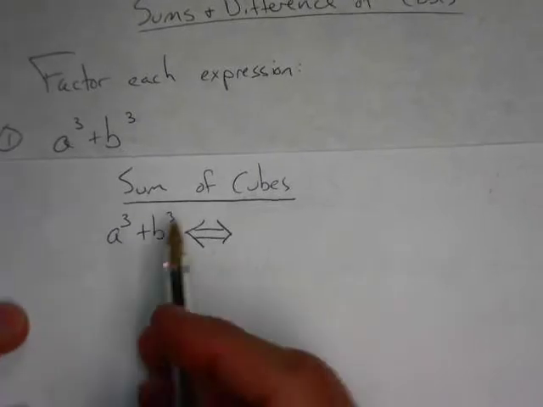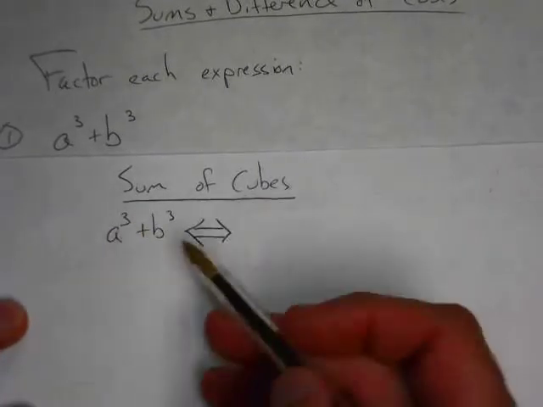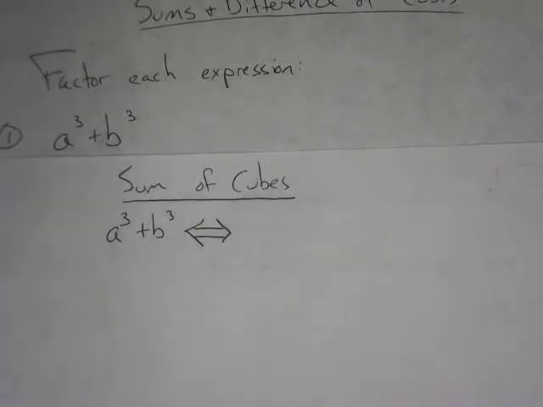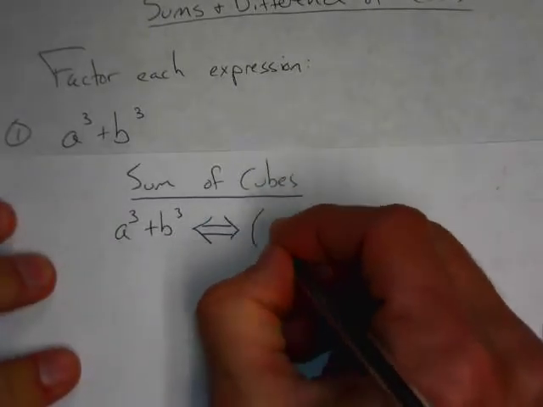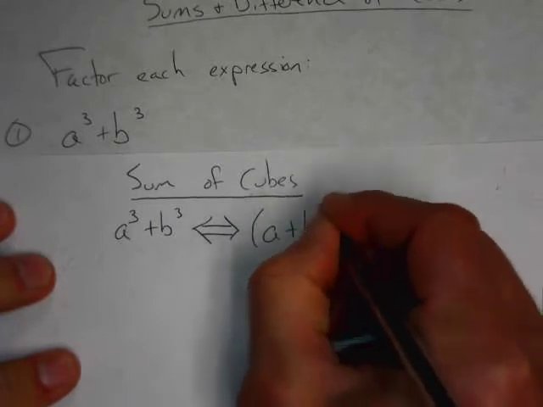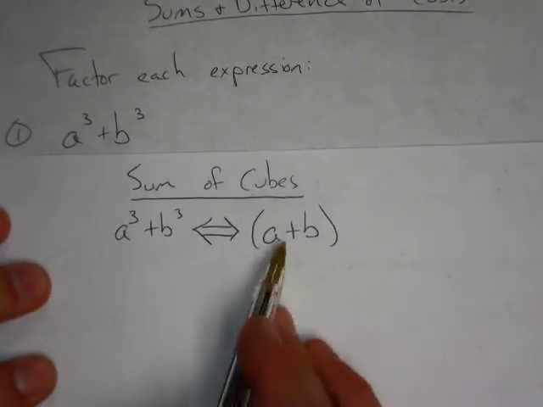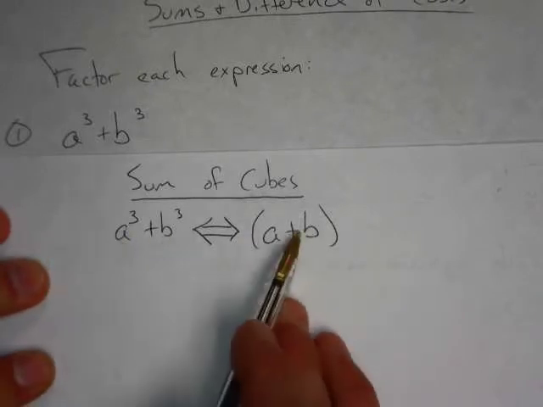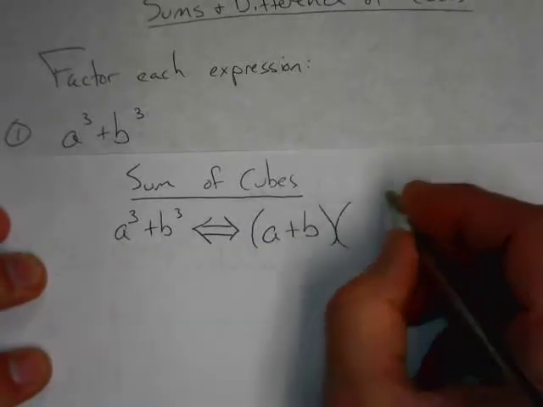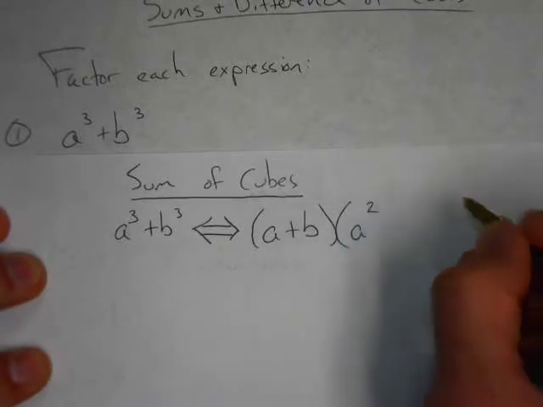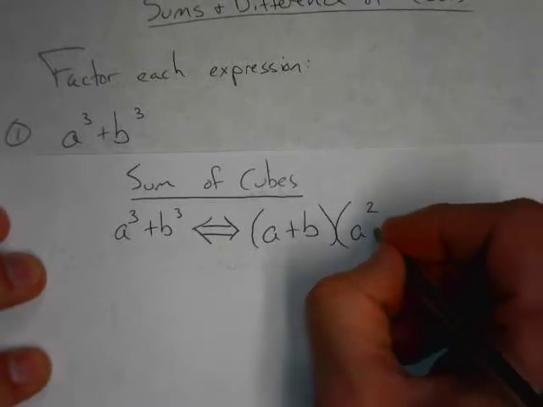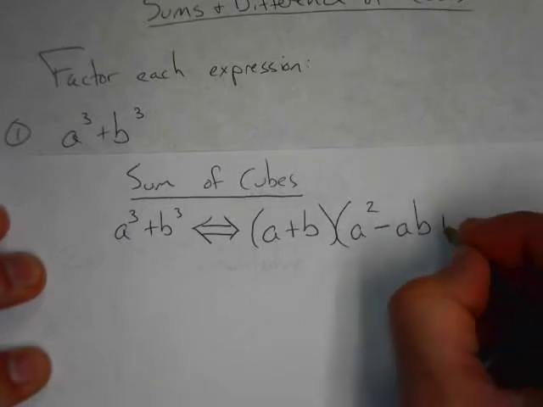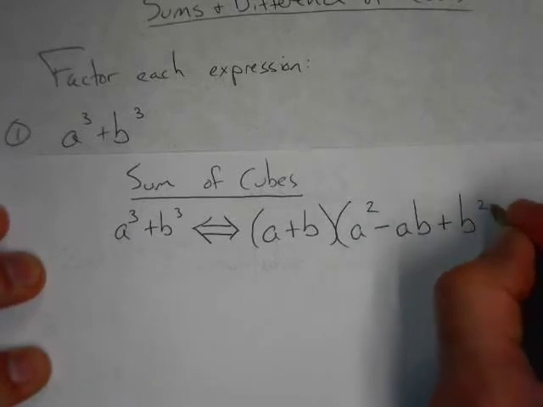So if you have one perfect cube here, a to the third power, and another perfect cube here, b to the third power, what always happens is that it is the product of the a plus the b, whatever this is, multiplied by the a squared, then minus the a times the b, and then plus the b squared.